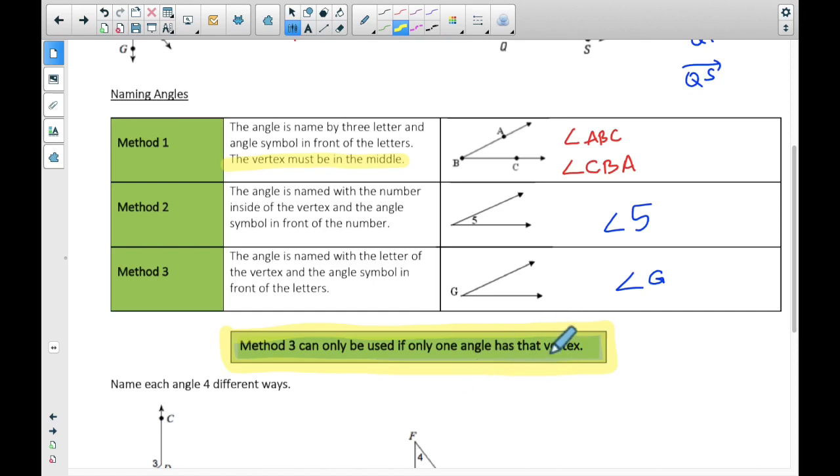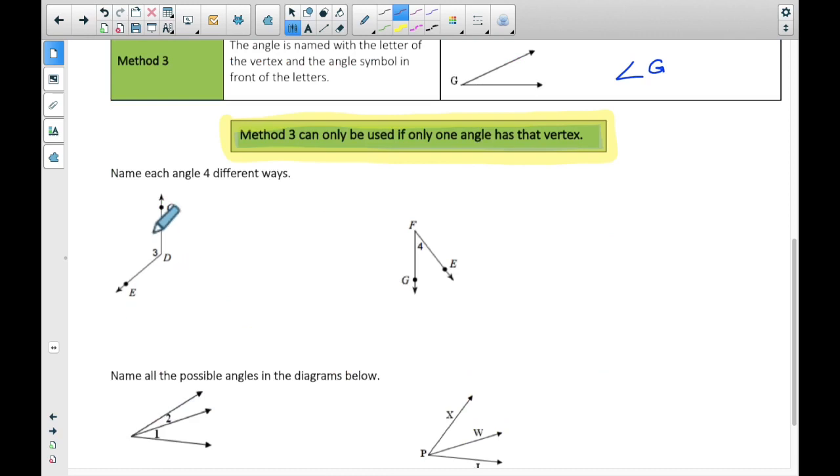So let's just look at some examples. Okay, we have an angle here. There are a couple different ways we could call it. We could call it angle 3. That would be easy. We could call it angle D. That's another easy way. And there's two other ways. In both of the other ways I'm thinking of, the D is going to go in the middle. So CDE or EDC.